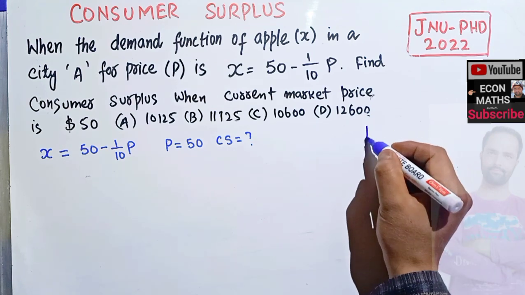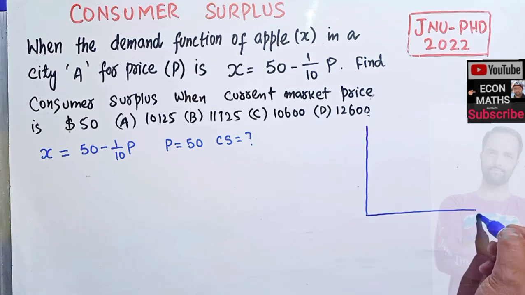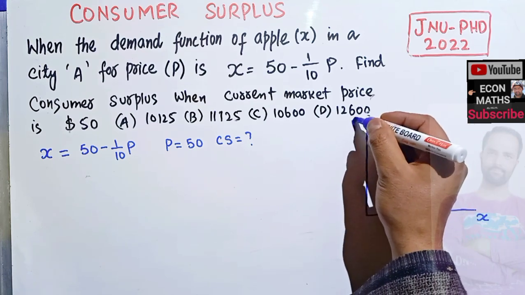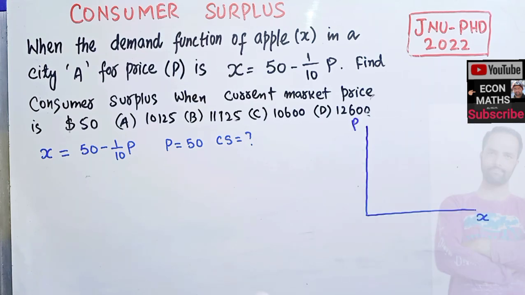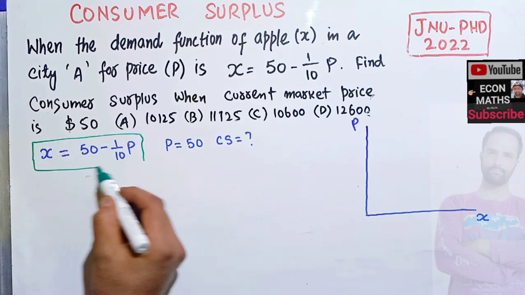So let's first draw the graph. We have the quantity of apples on the horizontal axis and price on the vertical axis. First we draw this demand function on the graph.